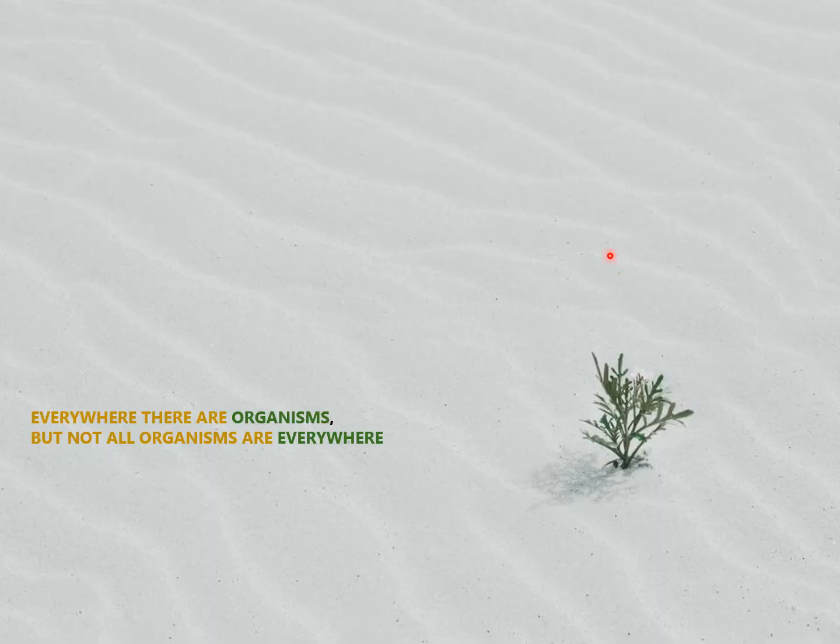One of the broadest patterns, if you take as zoomed out a view of Earth as possible, is that almost everywhere on Earth there's some kind of organism, some kind of life, but not all organisms are everywhere.